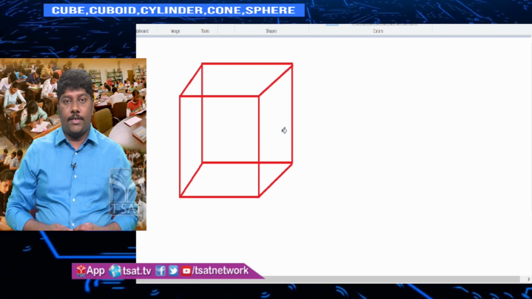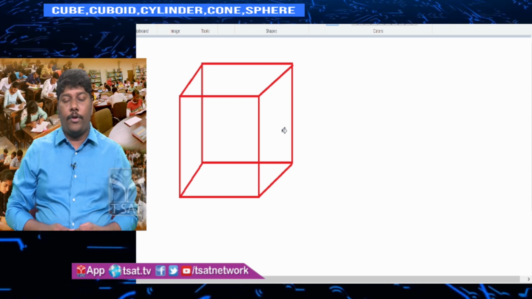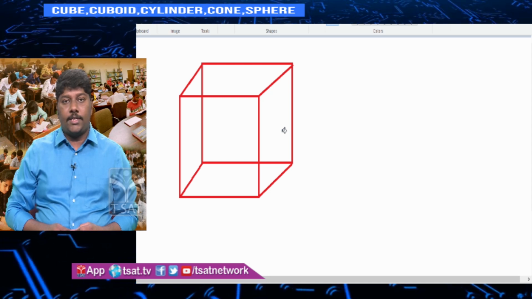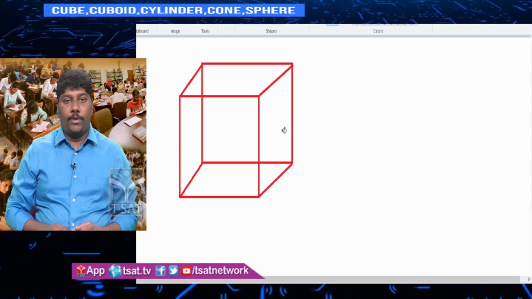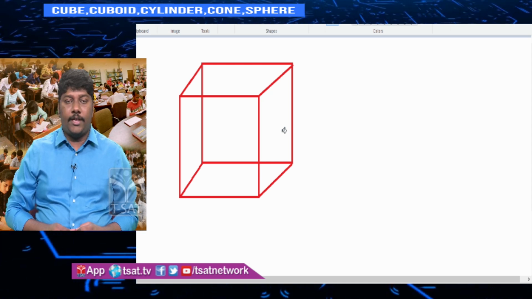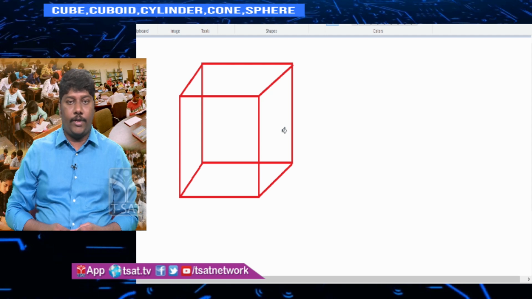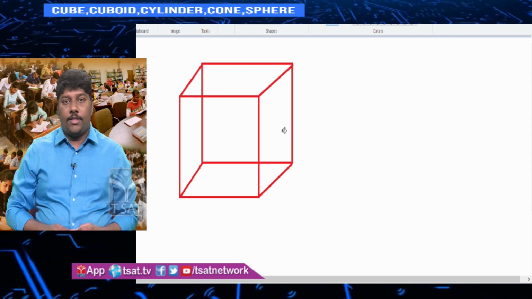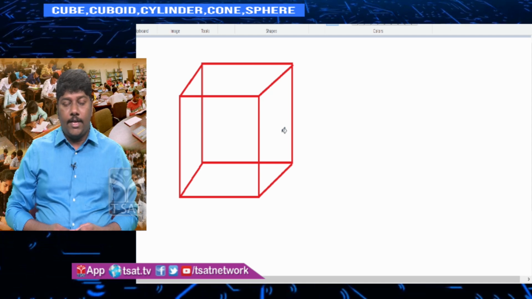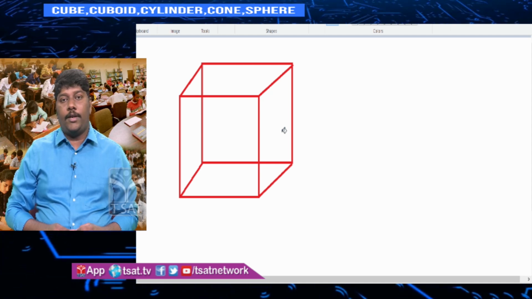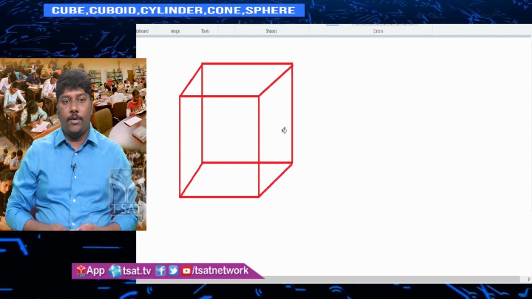The four walls of your room are the lateral surface area of that cube. If you include the top and bottom surfaces, it is the total surface area of the cube. The empty space in the room gives you the volume of that room, or the volume of the cube.